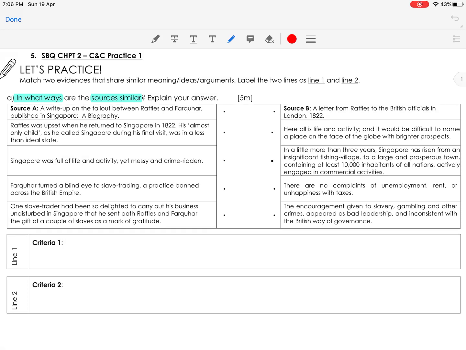You can pause the video and then continue after. If I ask you to choose two pieces of evidence to show the similarities, the best two would be "Farquhar turned a blind eye to slave trading," matching it with "the encouragement given to slavery, gambling, and other crimes appeared as bad leadership."